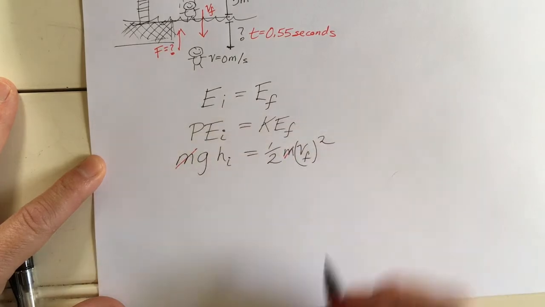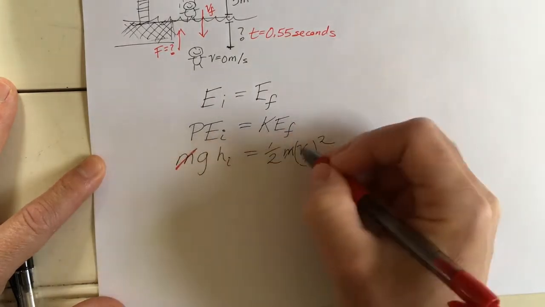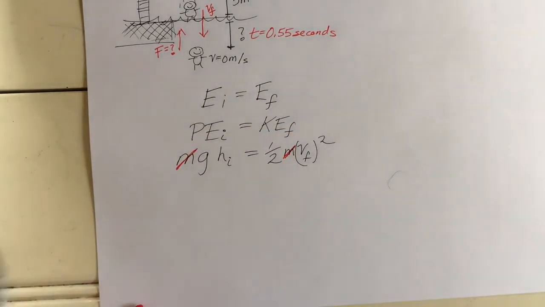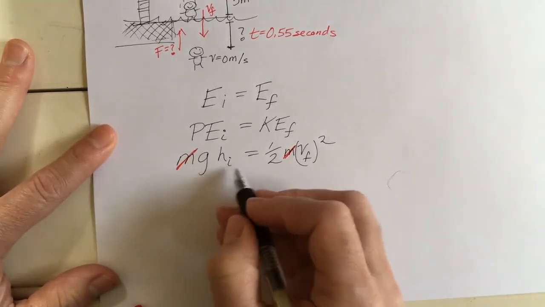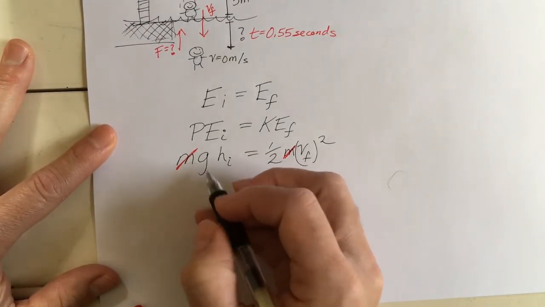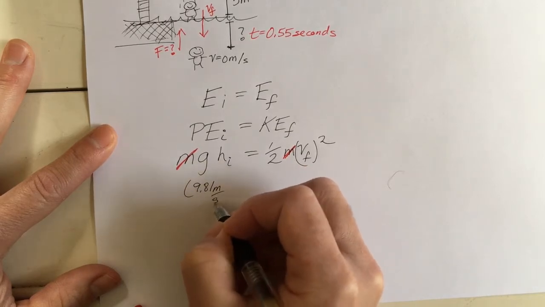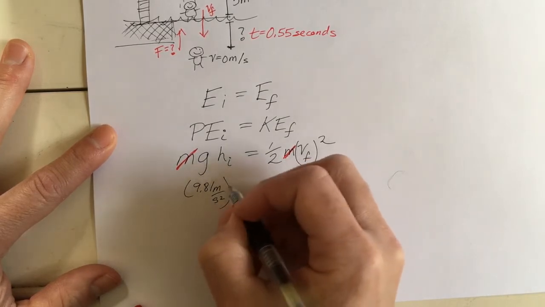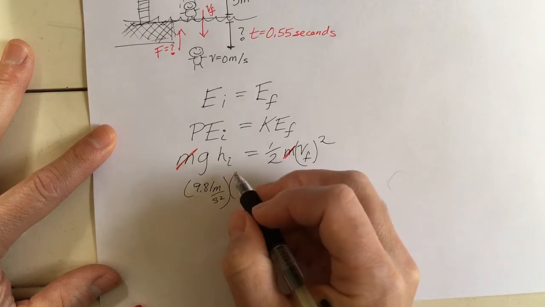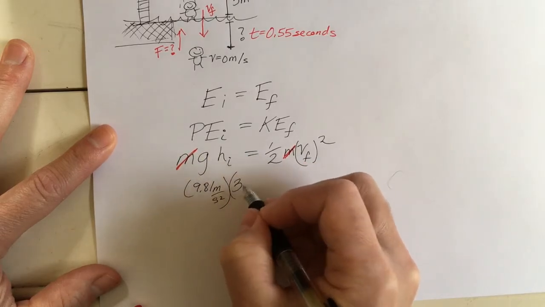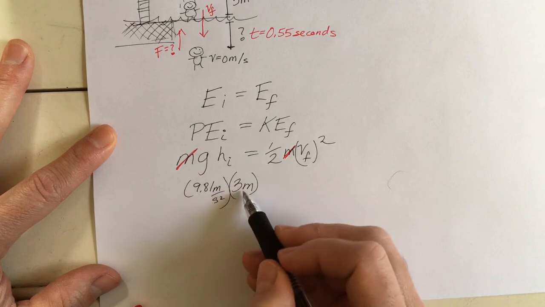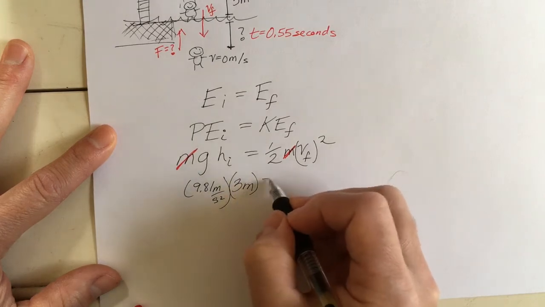Mass. That's just nice to do, and it's fun to cancel things out. So then we can rewrite what's left. g is going to be 9.81. I'm going to plug numbers in right away just because I think it makes it easier. Initial height: once again, we're calling the water zero, so this is going to be 3 meters. The person is initially 3 meters above zero.